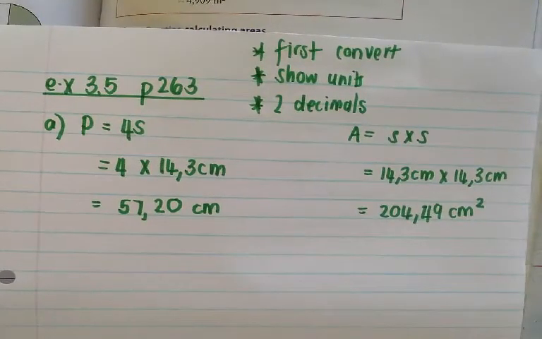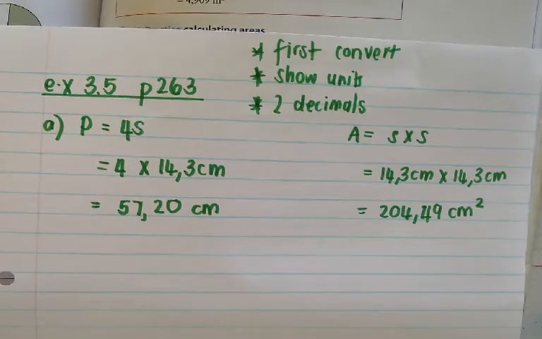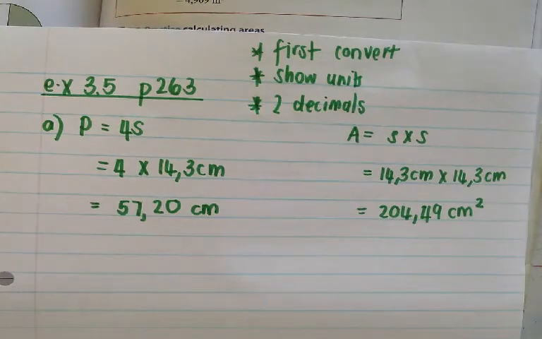So first convert, show your units, and 2 decimals. It is on the group as well as the board. I'm just waiting for you to write the example down. And then I want you to do the rest, please. And then tomorrow we can do the real, in the situation kind of questions.